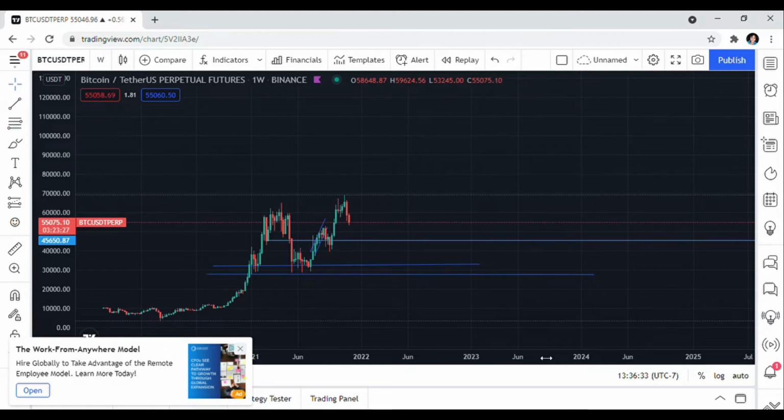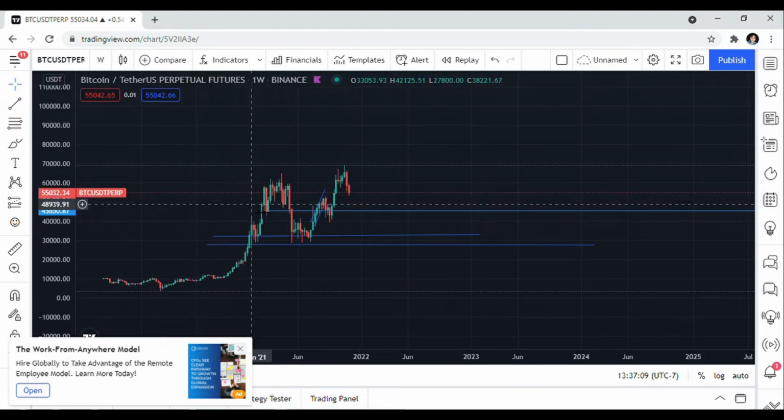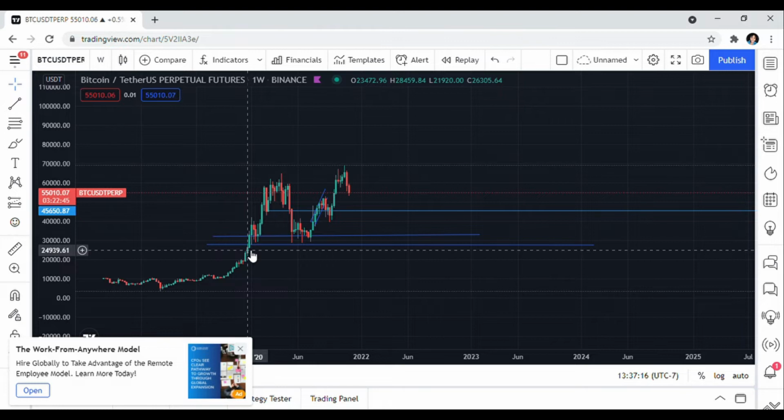Now, there are two types of support and resistance. The first one is horizontal. So horizontal is going like that. And then the other one is vertical support and resistance. We can identify a vertical support and resistance line when we are in a sort of trend.